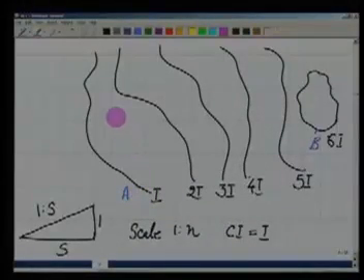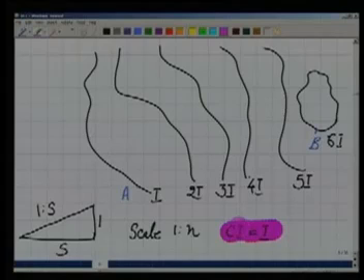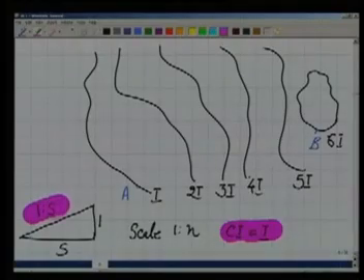Well, in this example, if you look here, we have contours, and I have given them the values I, 2I, 3I, 4I, 5I and 6I, because we are assuming that the contour interval in this case is I. We want a contour gradient of 1:s, where s means the horizontal distance and 1 is the vertical one.